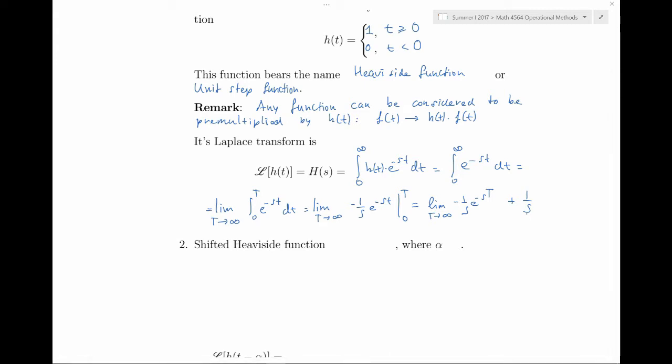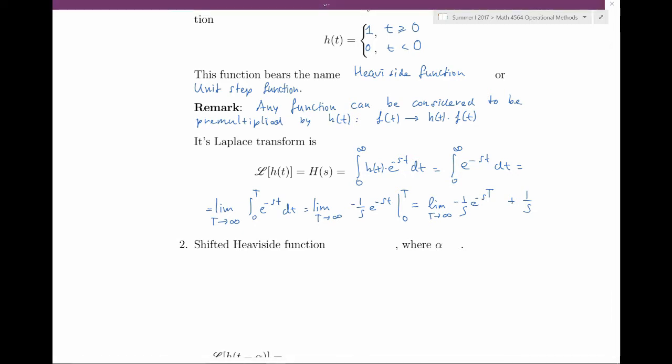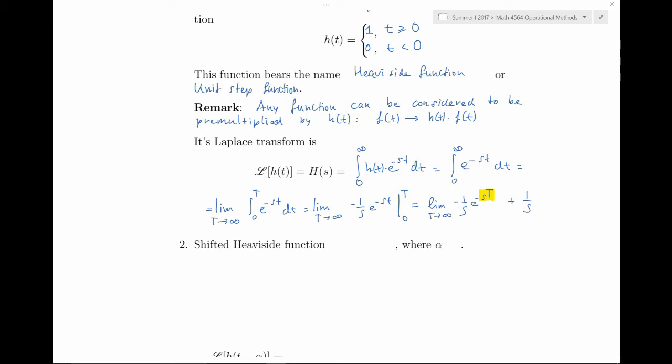You can imagine that this limit would not exist for s negative. For s equals 0, this limit doesn't exist because 1 over s is not defined. For s being negative, this product is actually positive, and as t grows, this will grow to infinity, so the limit doesn't exist either.